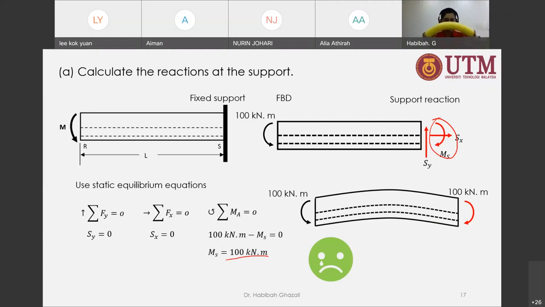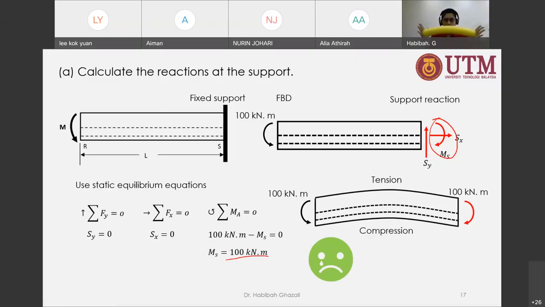So it's a frowny face. So what does that mean? All the top part of that beam is going to be in tension because now it is experiencing elongation, but the bottom bit is experiencing compression. So that's going to be experiencing contraction, the one at the bottom.